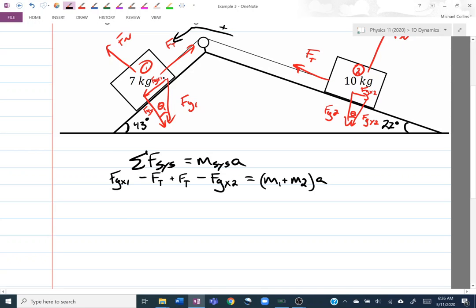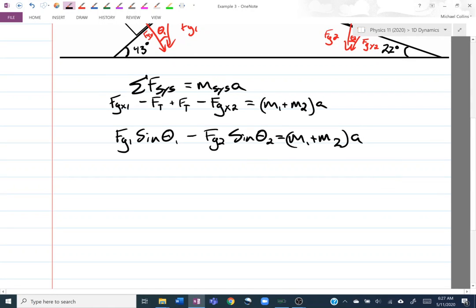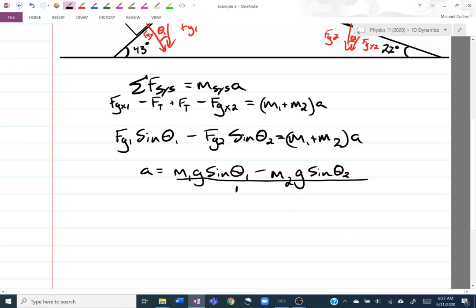You can prove this to yourself if you want, but it's going to be Fg1 sine theta 1 minus Fg2 sine theta 2 is equal to m1 plus m2 times a. If I solve for my acceleration, I get m1g sine theta 1 minus m2g sine theta 2, all divided by the sum of my masses.